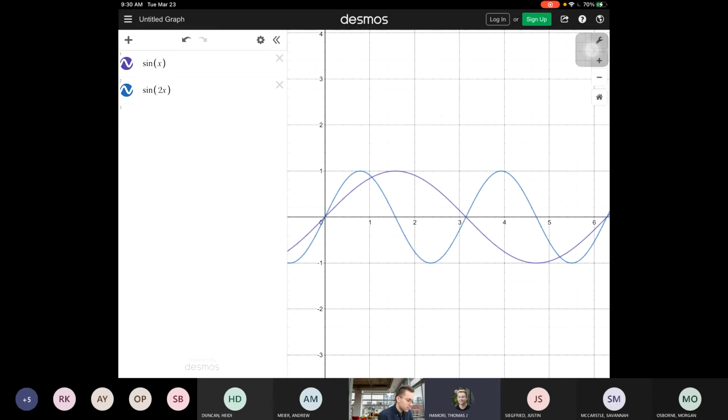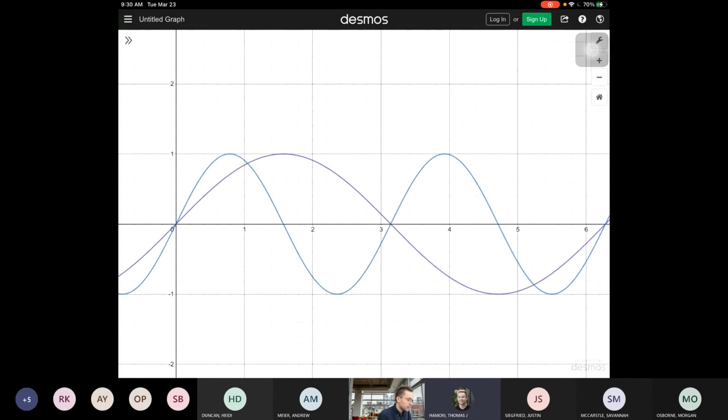You can think of this sine wave as a slinky, and we're either going to pull it out and stretch it out, or push it in and compress it. So this is definitely going to have an effect on the period of our function.